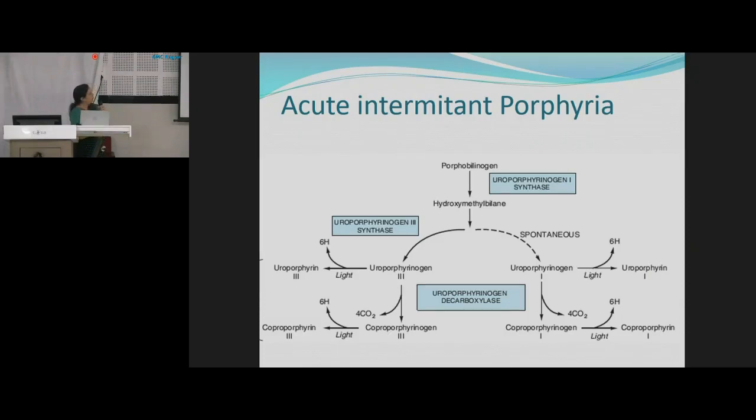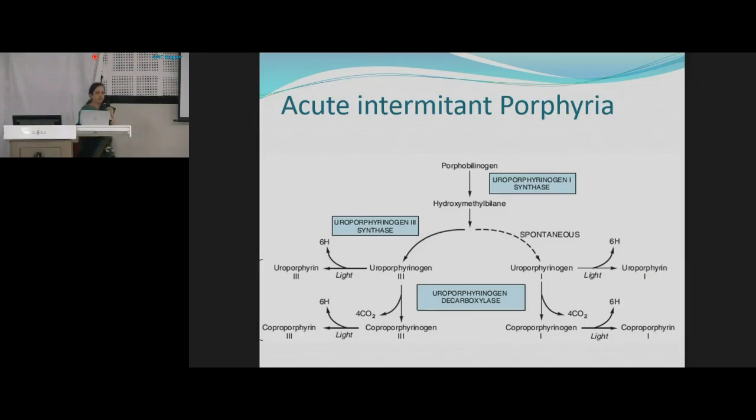Now what will be the symptoms in this acute intermittent porphyria? There will be accumulation of the precursors because the enzyme is deficient here. So the precursors are ALA and PBG. So they will get accumulated in various organs of our body. That is ALA and PBG will get accumulated.